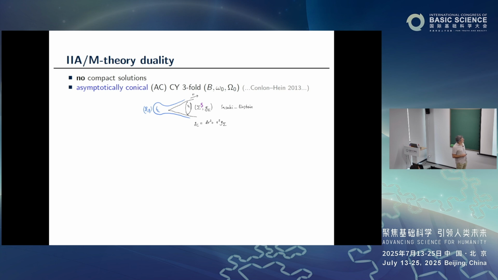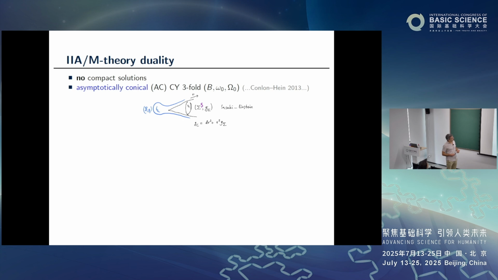So for the non-compact examples, recall what I said: we want to start with a Calabi-Yau threefold. So we need to start with a now non-compact Calabi-Yau threefold, and a very large, very well understood class of non-compact Calabi-Yau threefolds is the one of asymptotically conical Calabi-Yau threefolds.